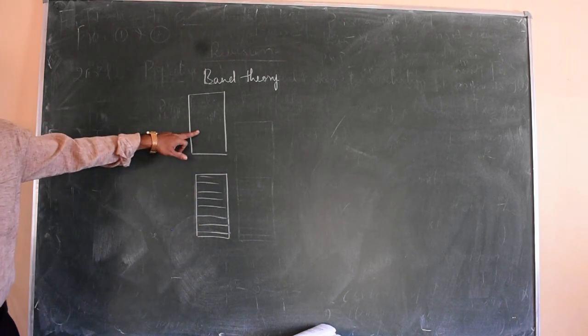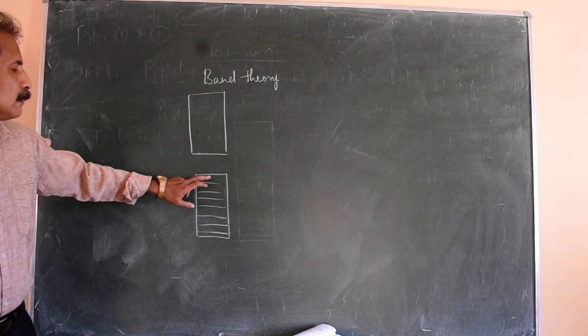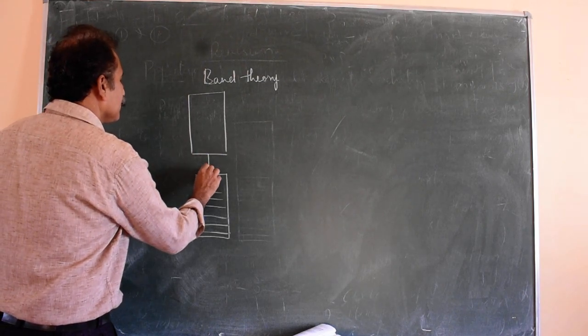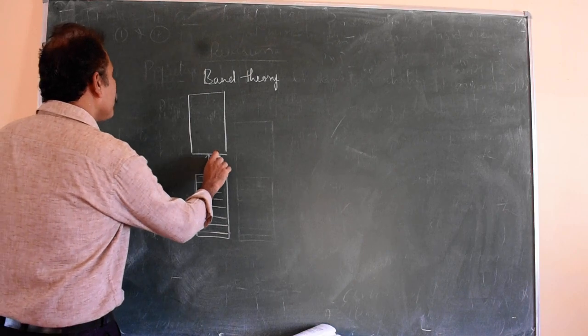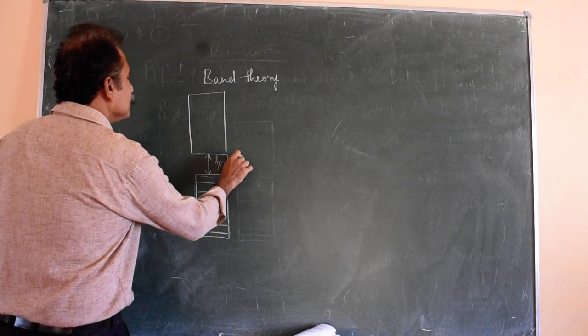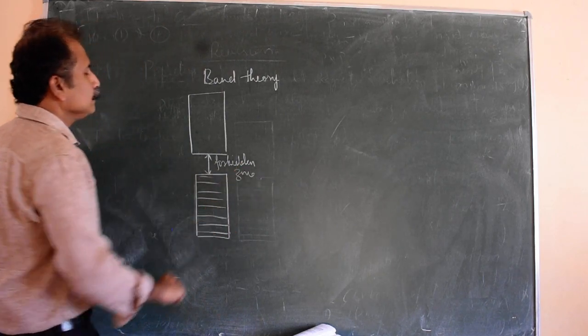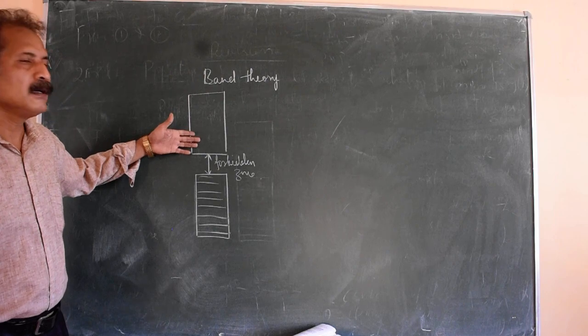This is empty, no doubt. But the gap between these two bands is such that the electron cannot overcome it. So it is called the forbidden zone. Therefore, conduction stops, and it behaves as an insulator.